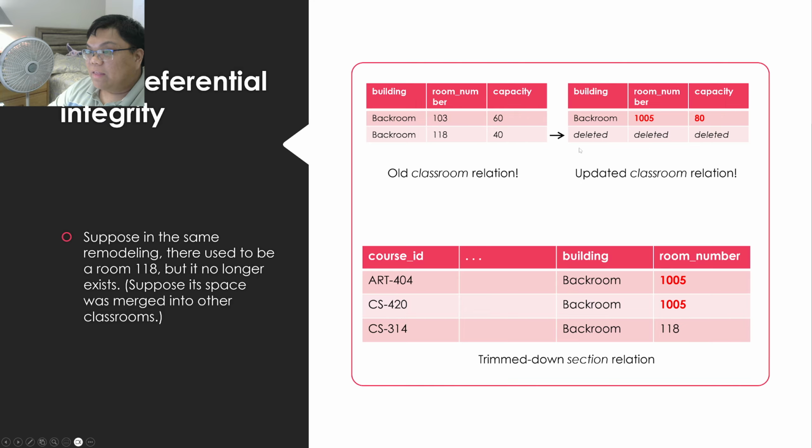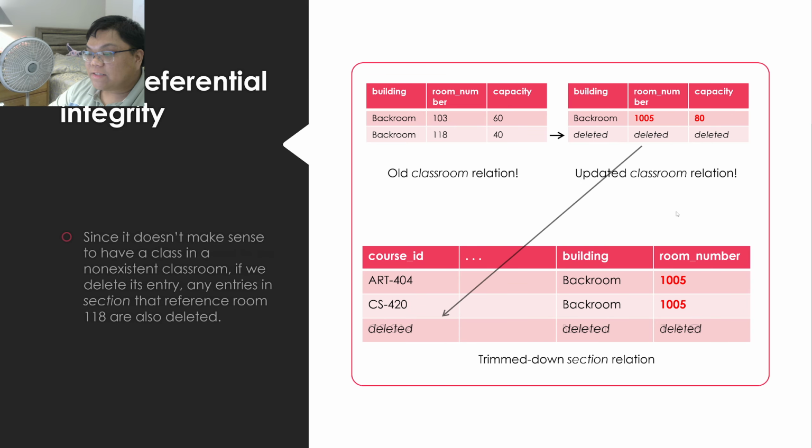You'll notice that we used to have a room 118 in our back room building, and it's gone. And we have a class that references that non-existent building. So what happens now is that course also gets deleted.